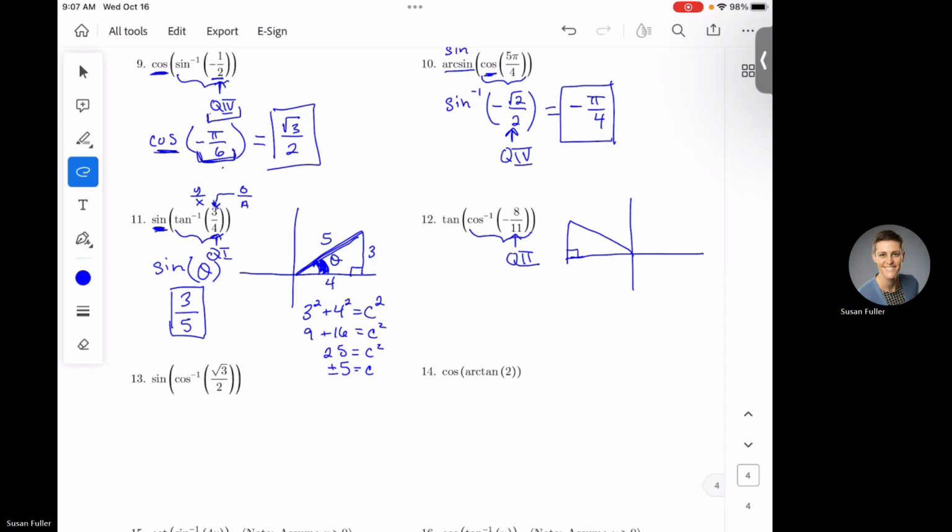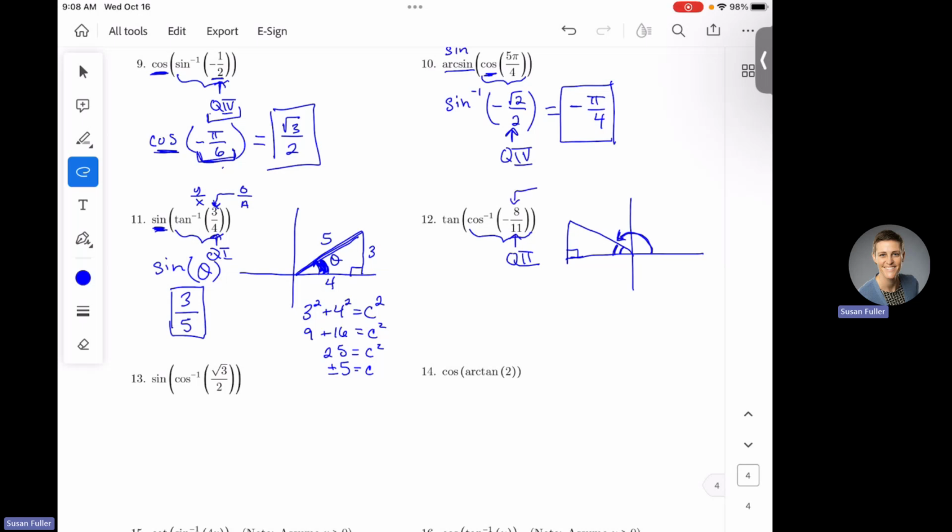So inverse cosine is going to return to us this angle in quadrant 2 that has an inverse cosine ratio of -8 over 11. And remember, when we have an angle that's bigger than 90 degrees, we use our reference angle to kind of fill in this triangle.